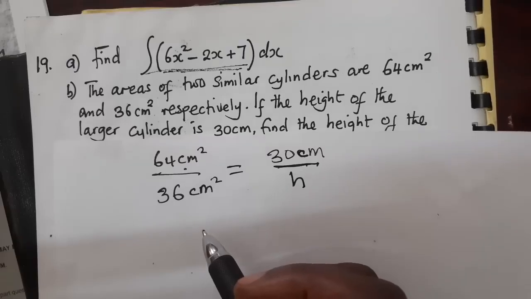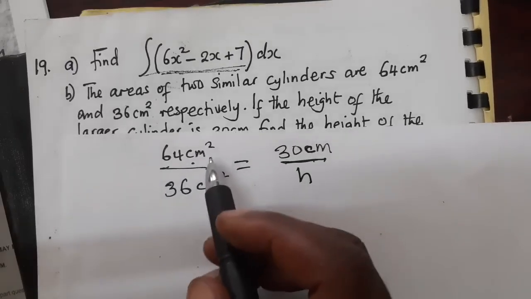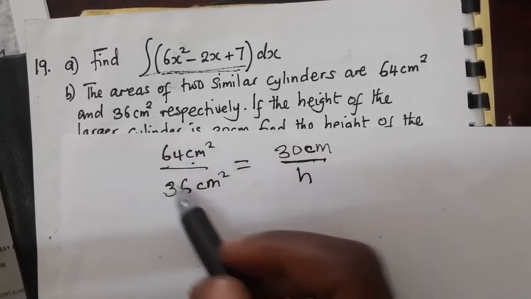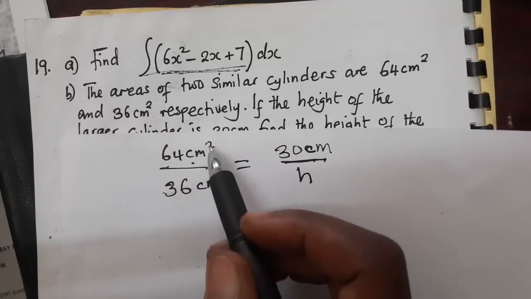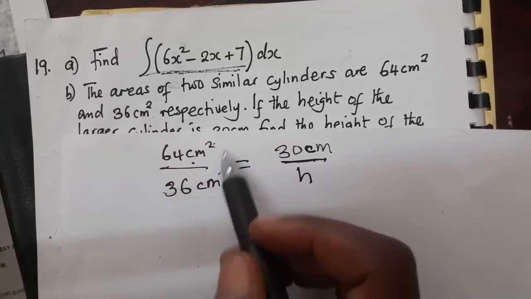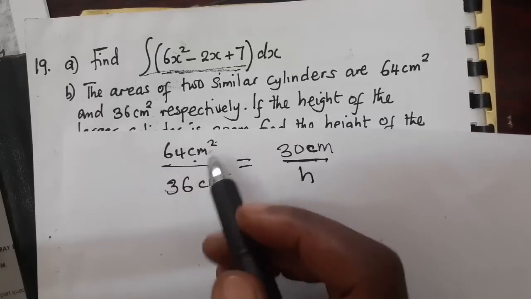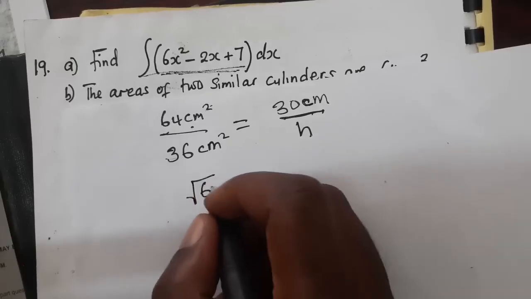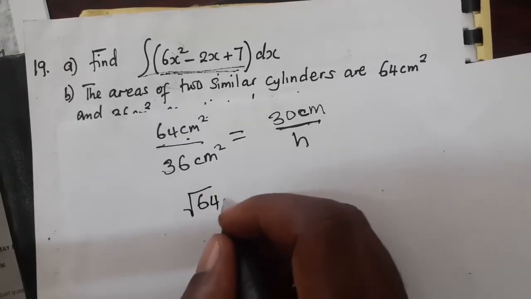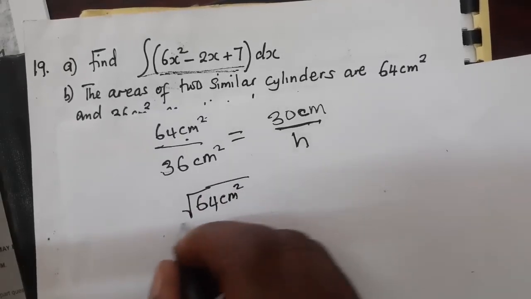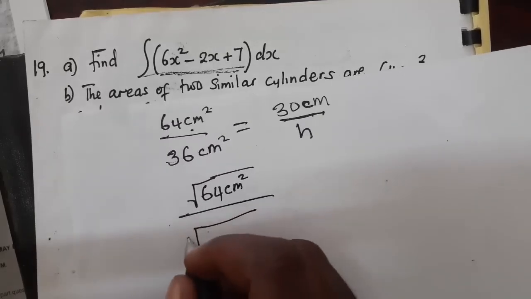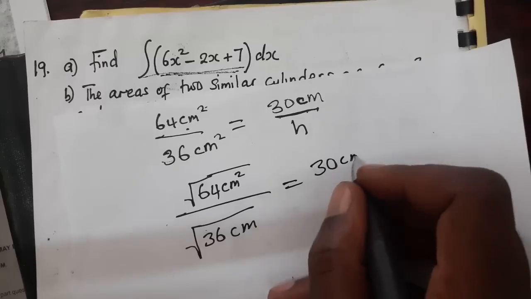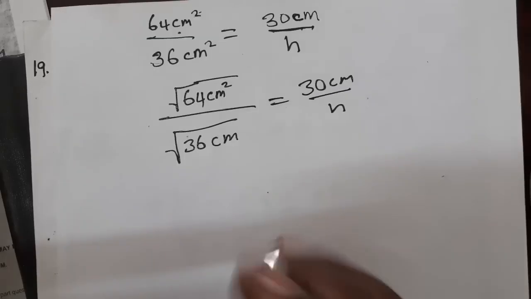As you can see, we have the squares here, so we can simplify this one by taking the square roots only. We need to have uniform units.